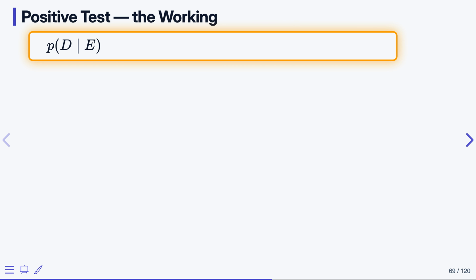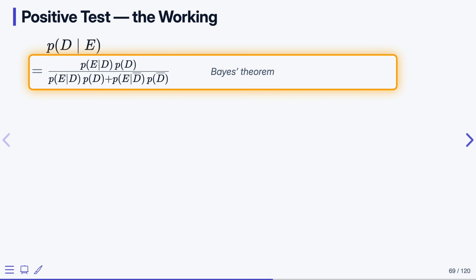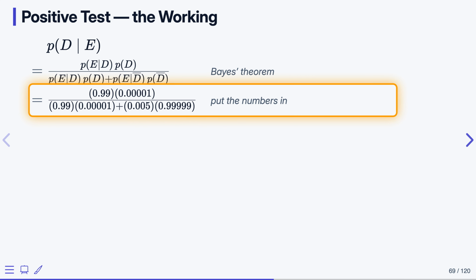Step 6. What we want is P of D given E, the chance of disease after a positive test. Bayes' theorem gives the shape, likelihood times prior on top, and the total chance of a positive test on the bottom. Now put the numbers in. 0.99 times 0.00001 on top. On the bottom, that same product plus 0.005 times 0.99999.